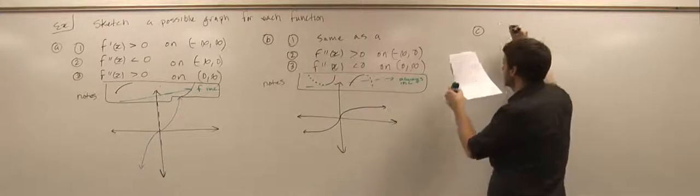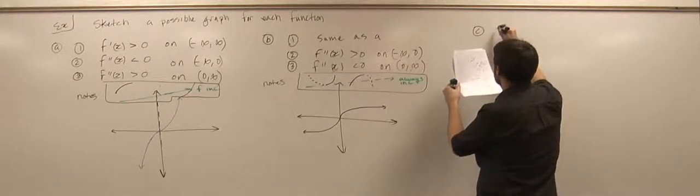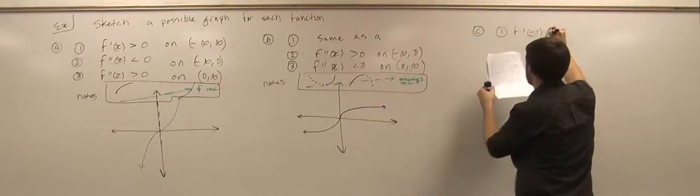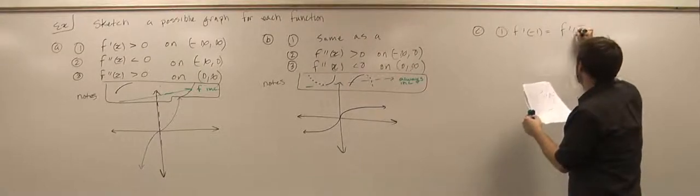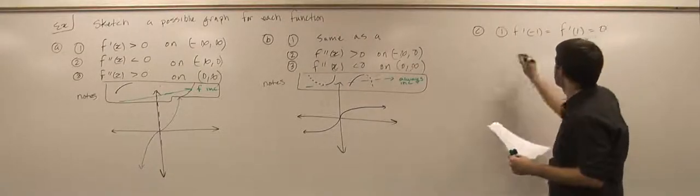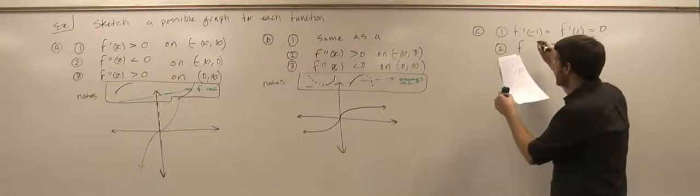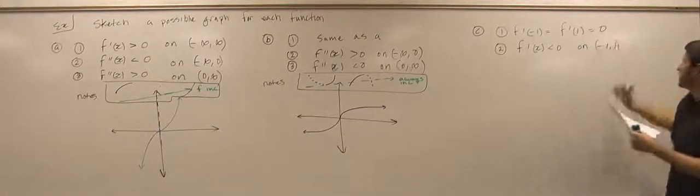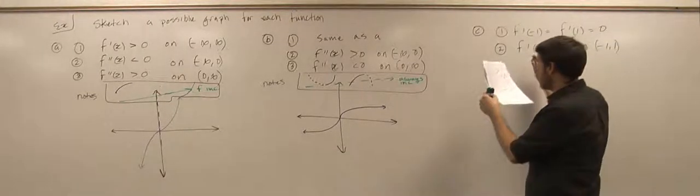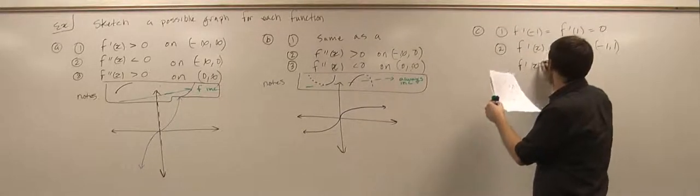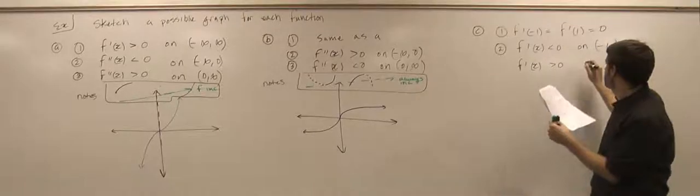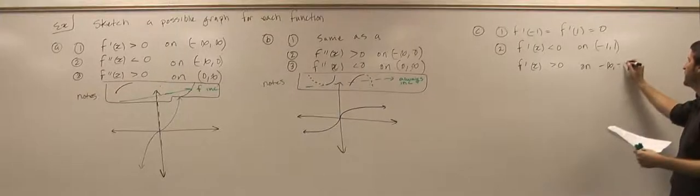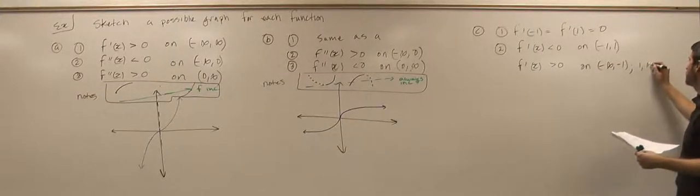So one more, then I'll let you know. So here are your conditions. 1, f prime of negative 1 equals f prime of 1 equals 0. F prime of x is less than 0 on negative 1 to 1, and then f prime of x is greater than 0 on negative infinity to negative 1, and 1 to infinity.